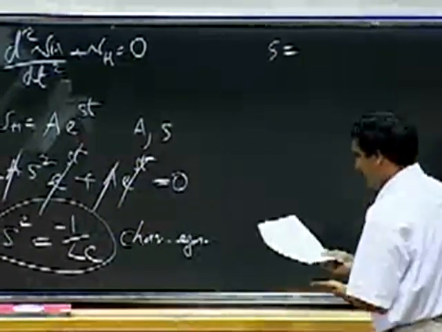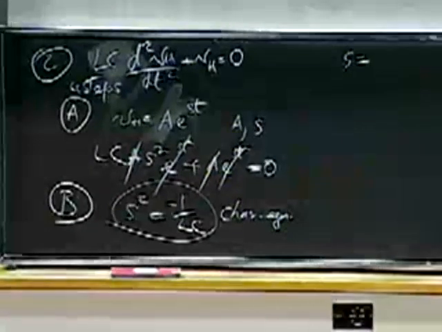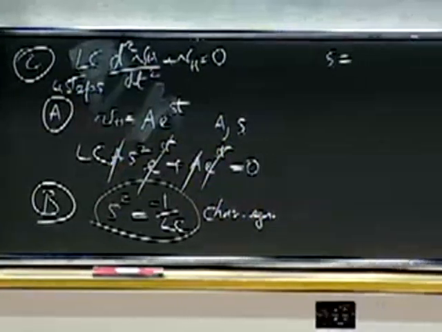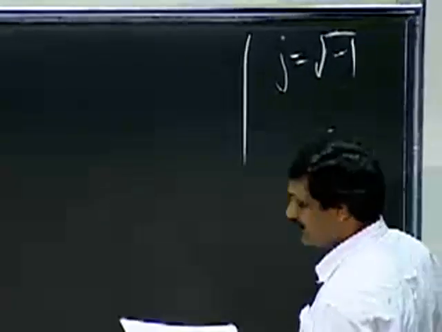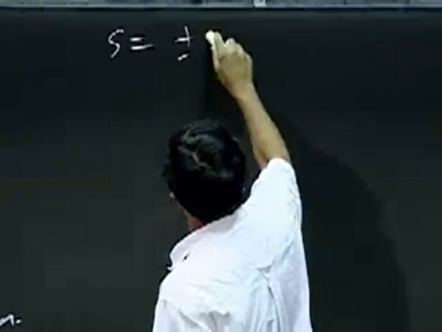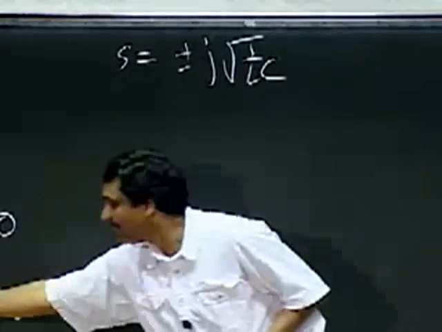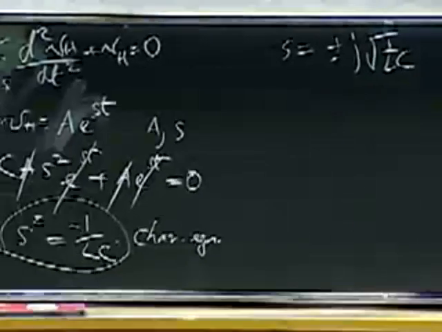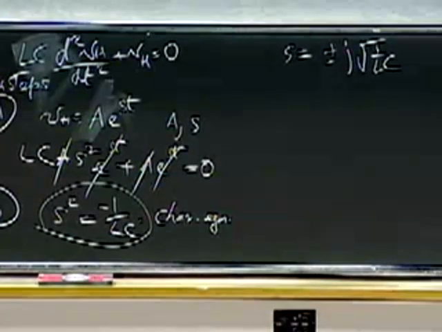So I go ahead and find my roots. Remember that j is the square root of -1, so my two roots here are plus j square root of 1 by LC and minus j square root of 1 by LC. Two roots.